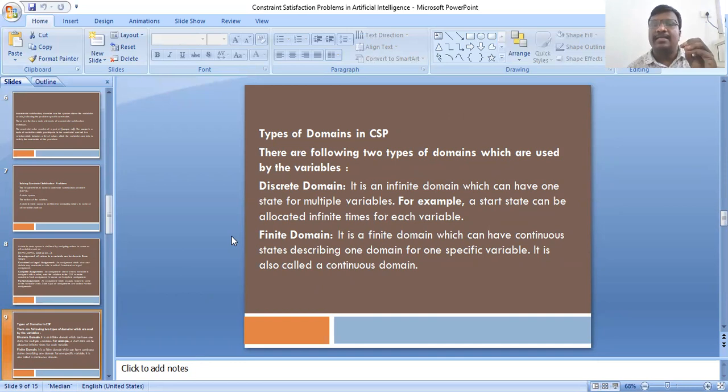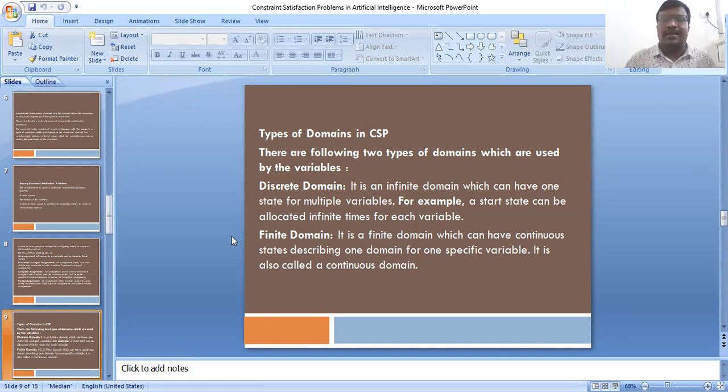That means it is an infinite domain which can have one state for multiple variables. For example, a start state can be allocated infinite times for each variable.